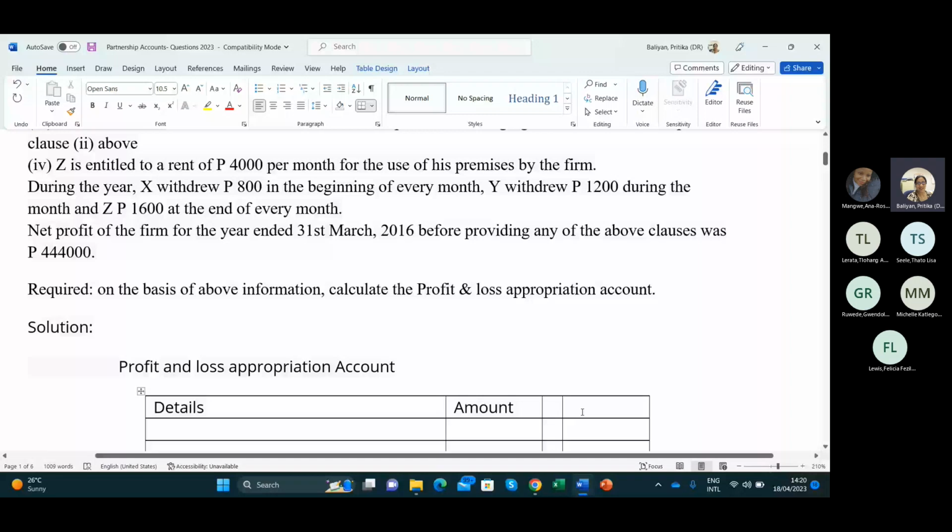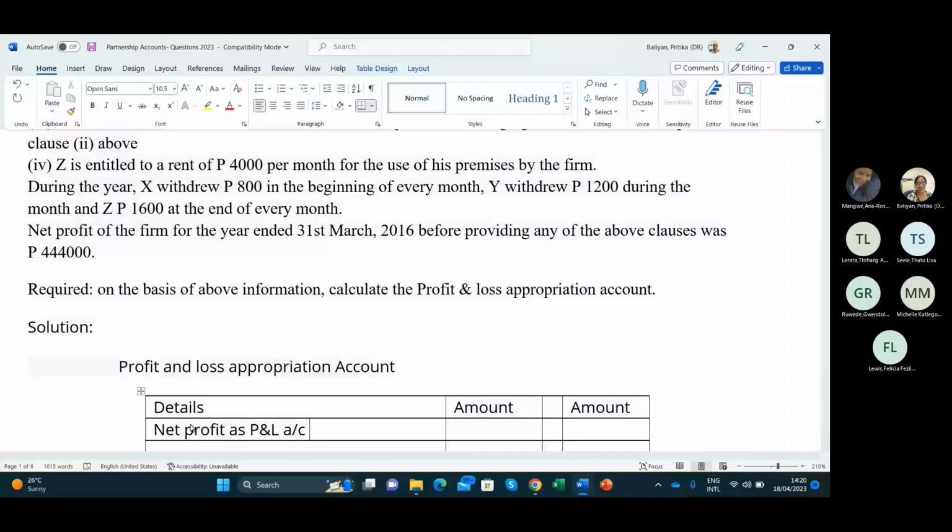Yeah. So we start by net profit as per profit and loss account. So how much profit is given? The net profit of the accounting firm for the year ended is 444,000, right? Yes, ma'am. So we will write that amount in the last column.